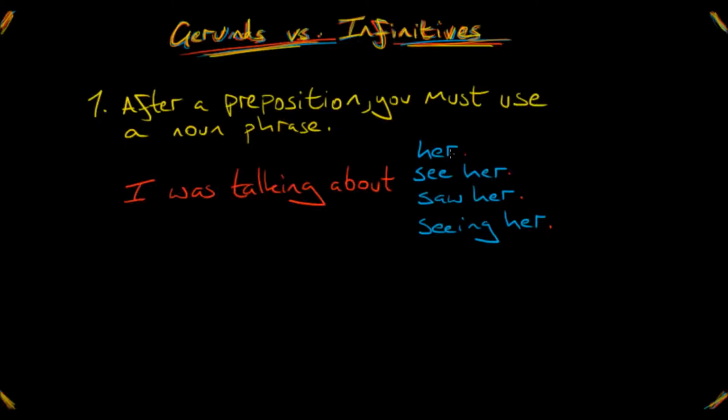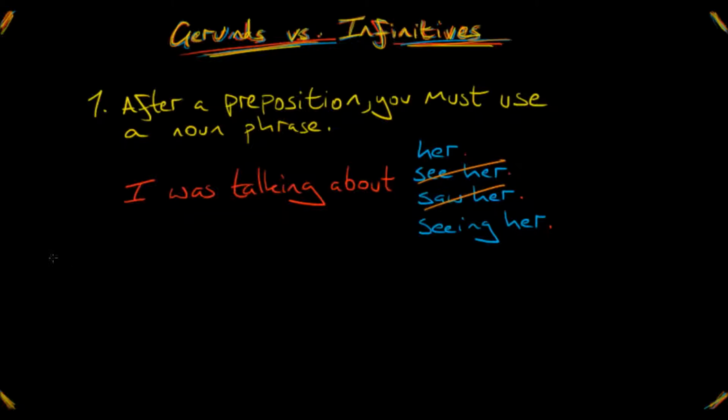But her, as a pronoun, is a noun phrase, although it's only one word. That works fine. Seeing her, well, seeing, that's a gerund. So there's no problem there either. So it is absolutely fine here to say I was talking about her, I was talking about seeing her. Neither of those present any kind of problem.